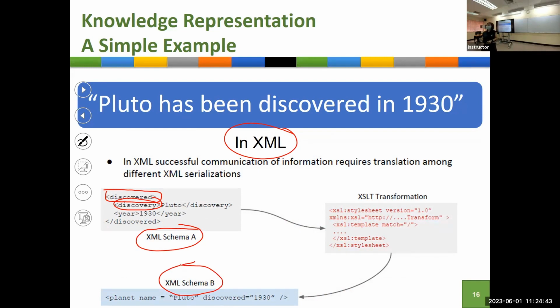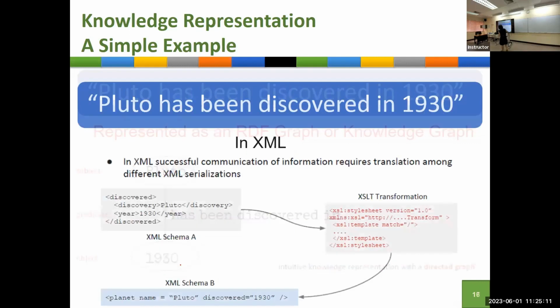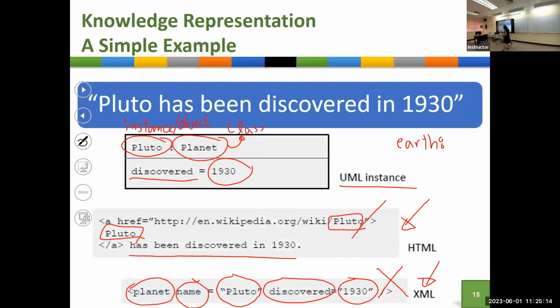It is not standardized, because different persons may want to represent the same fact in very different ways, and standardizing or matching them, to say that this fact and that fact are the same, will be difficult. So XML in this manner will not be considered a good way. The same for HTML, which for sure is not a good approach. It's not really knowledge representation. UML, yes, this is acceptable, very good.